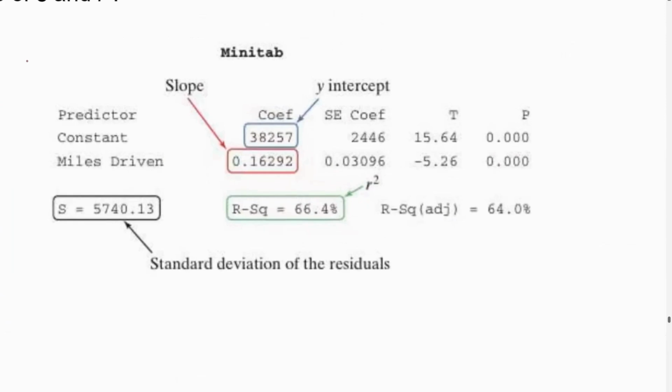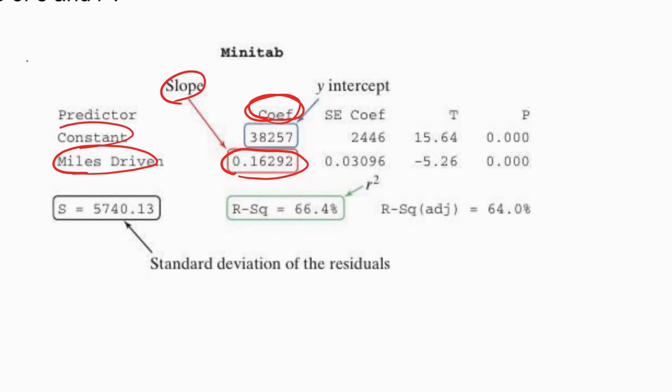And all we want to see from this is that the things that we've just talked about are in this table. For example, coefficient is like the number in front of a variable. The coefficient on miles driven is right here, and that's the slope. Sometimes there is no variable, so the coefficient is really called the constant, and there's our y-intercept.